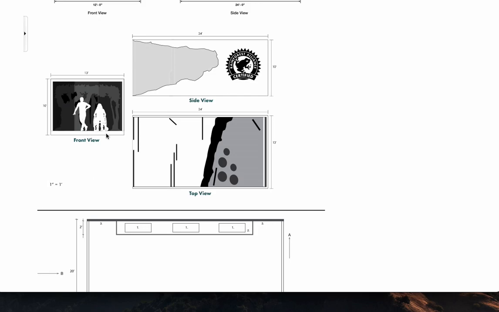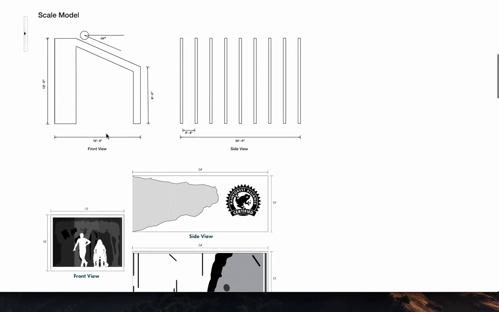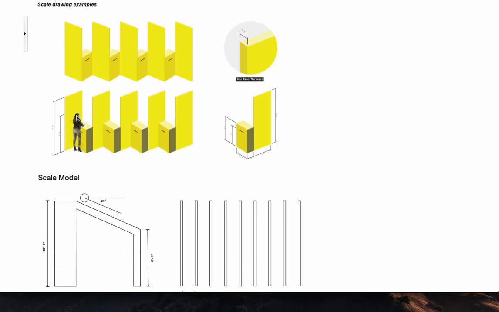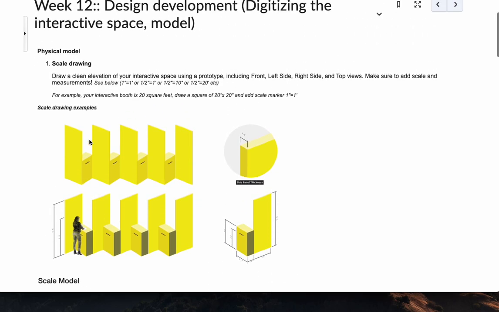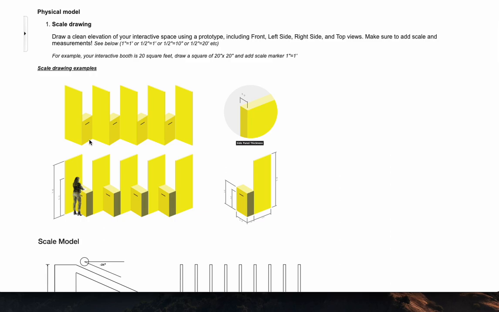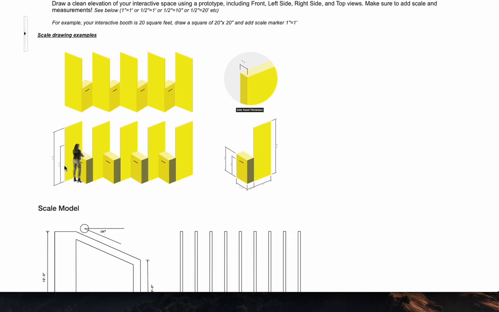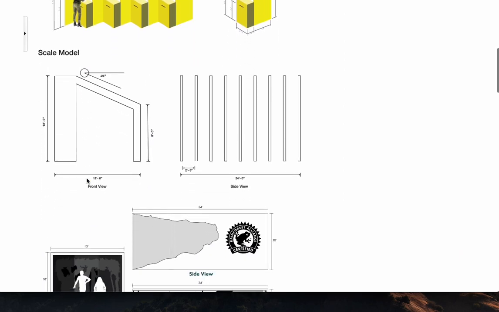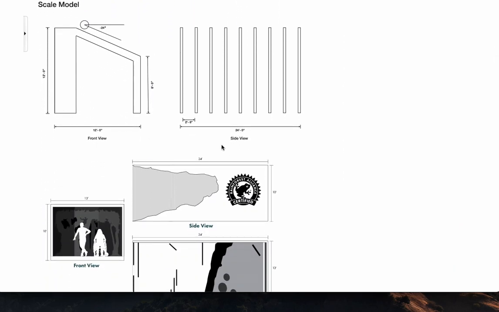That means you are designing the space for humans, and you can show how tall or how wide your interactive space is. That's a very important part. So measurement, scale, and human figures, or the labels on your elevation.